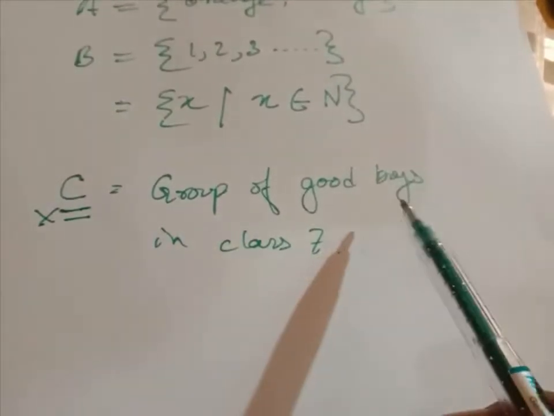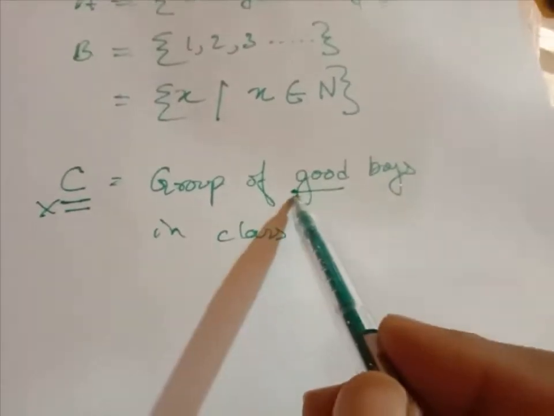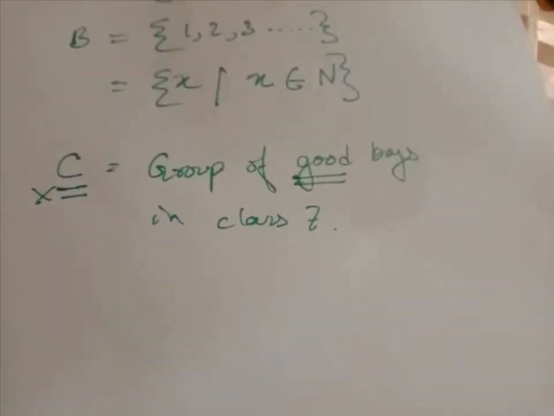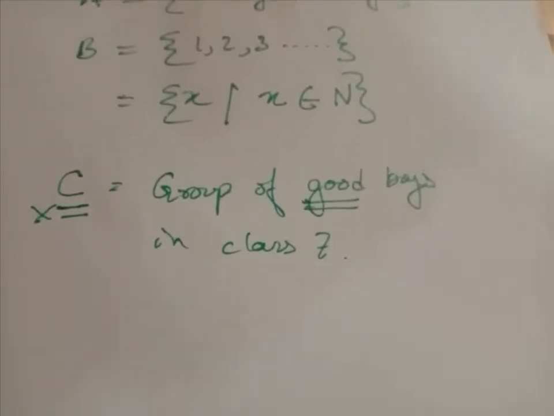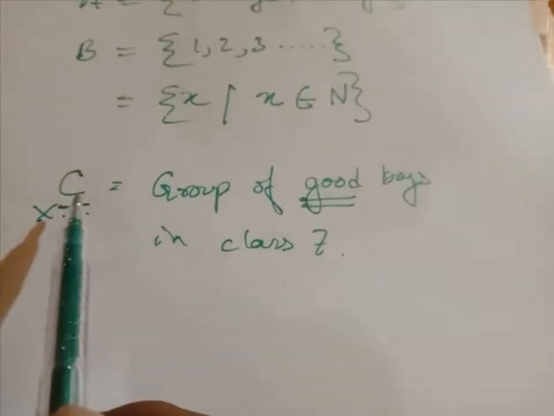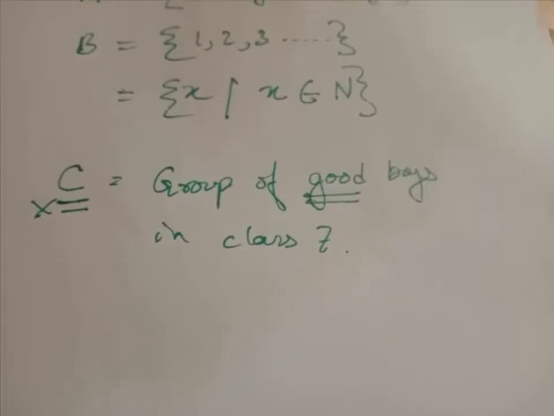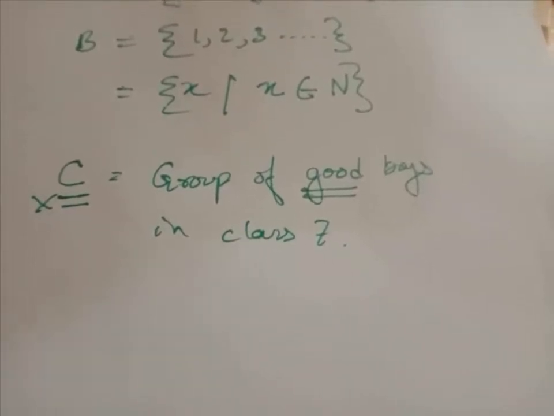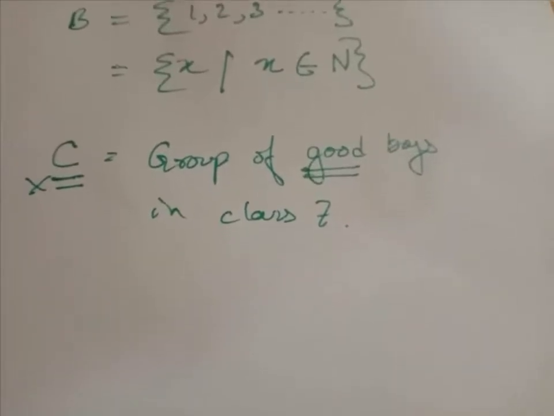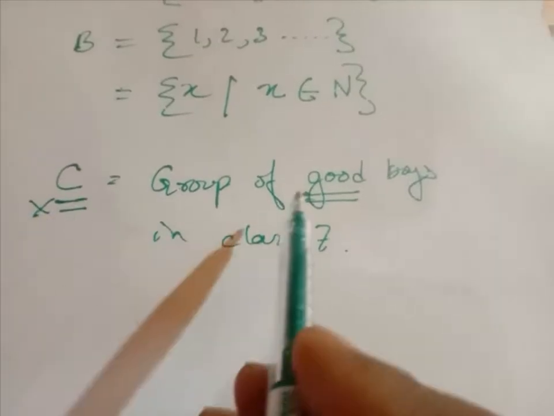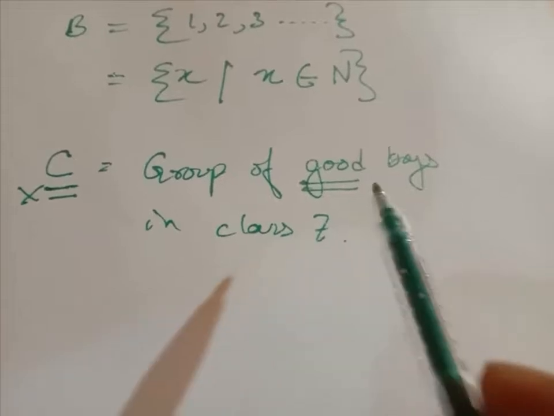Because there are many boys in your class, but being good is a relative term. Someone can be more good, someone can be less good. So the members of this group are not defined. So you cannot decide one boy is good or bad depending on only one categorization. So this group cannot be called a set, as the elements of this group are not well defined.